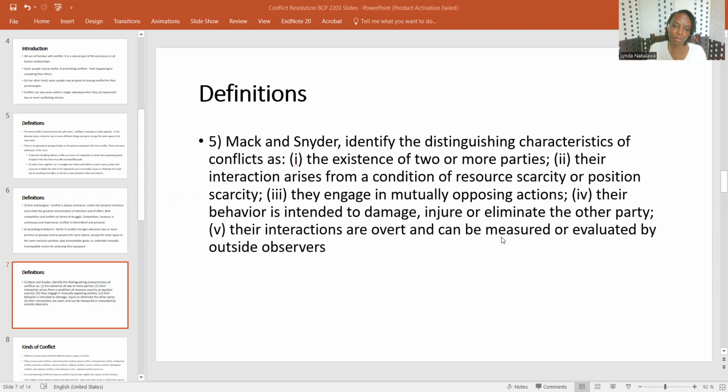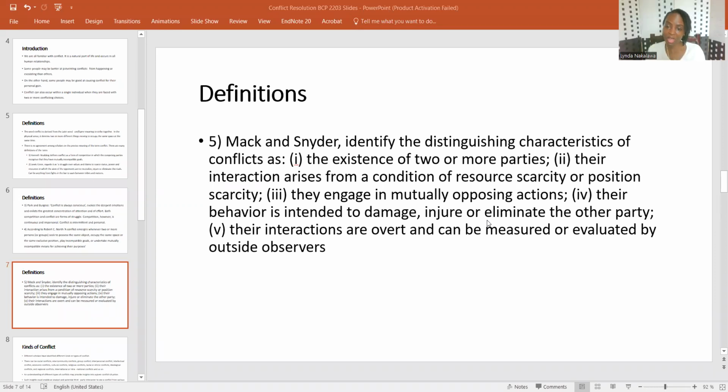Sometimes I have problems with these definitions because if Mark and Snyder, for example, say that people's conflicts can be evaluated by outside observers, sometimes you don't really know the truth. You don't really know what is happening, especially in fights among married people or among couples. When they come and tell you the story, you can easily think it is us women who seem the most innocent.